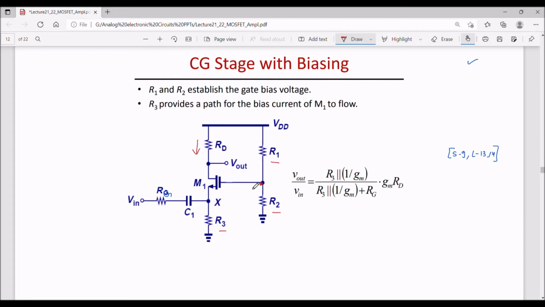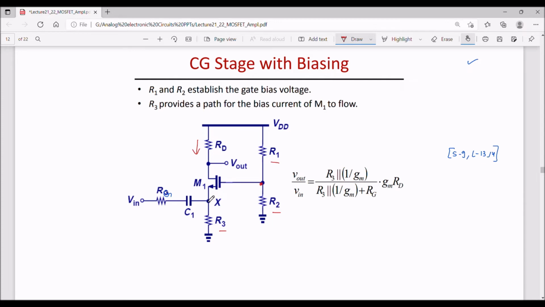Now for this circuit also we can find out V out by V in, that is gain. For finding out the gain, we will refer to a similar circuit which was created using BJT, that is the common gate BJT amplifier with this kind of biasing.